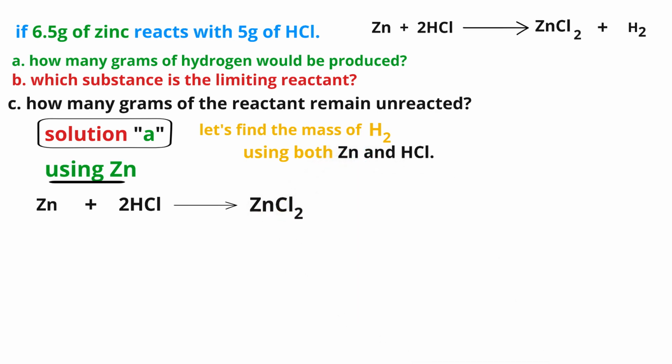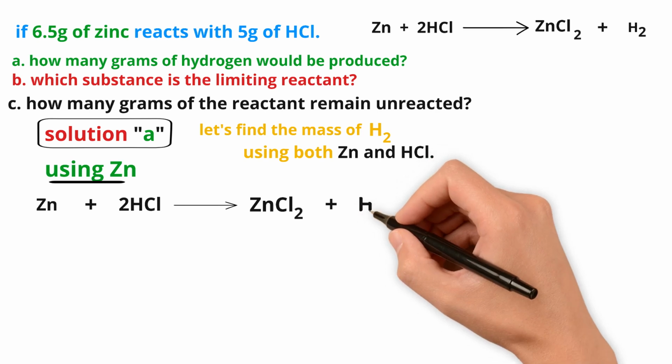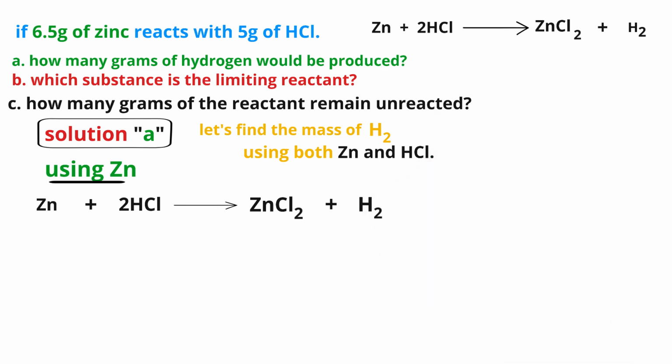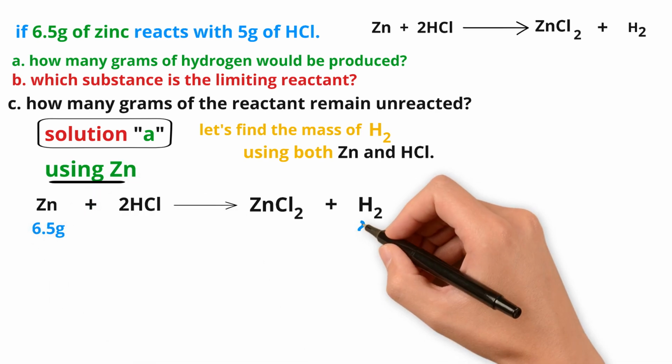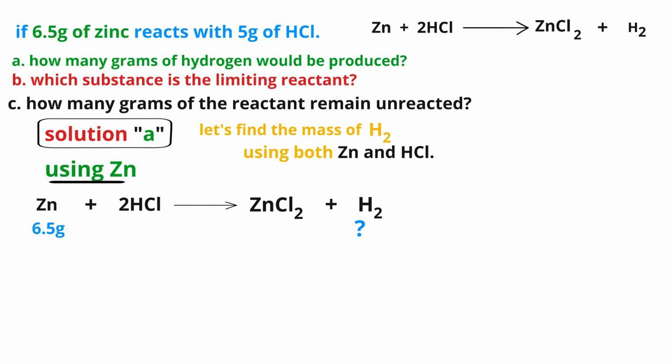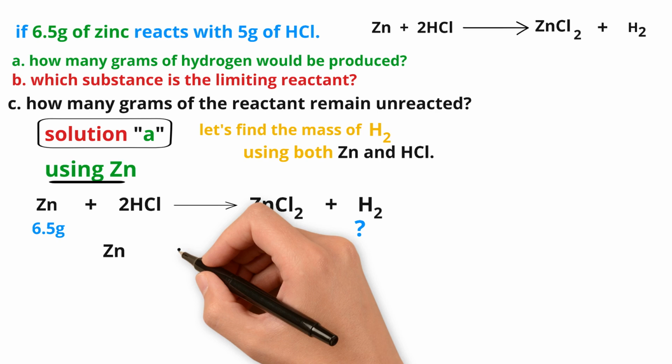Now by using the mass of zinc, let us determine the mass of hydrogen molecule. The question here is that 6.5 gram of zinc produce how many gram of hydrogen molecule?